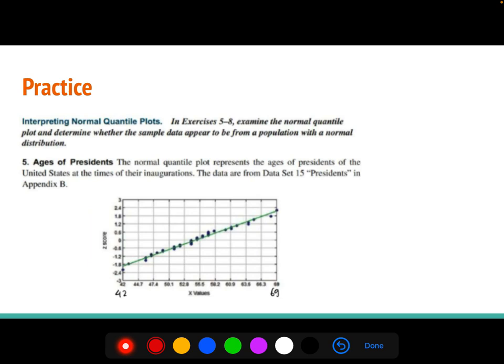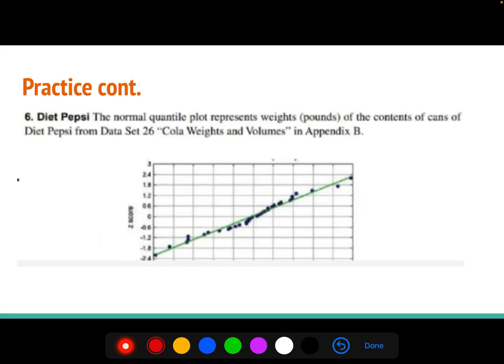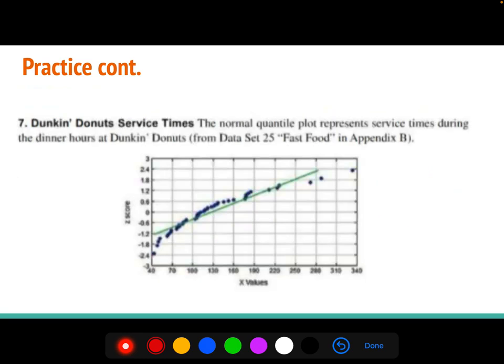All right, so you take a look at this one. This one's a normal plot, or normal quantile plot, we tried to do. Is this a normal distribution? Yes, it's normal because it makes a straight line and there's no other pattern. Okay, let's take a look at the next one. Again, this one's mostly normal. So yes, this one's normal. He's mostly a straight line, not making any weird patterns.